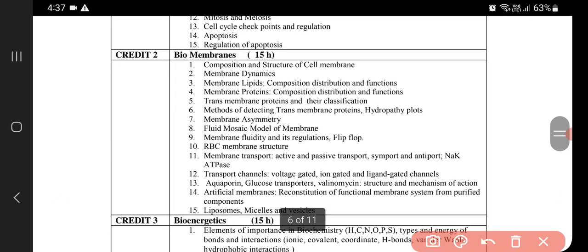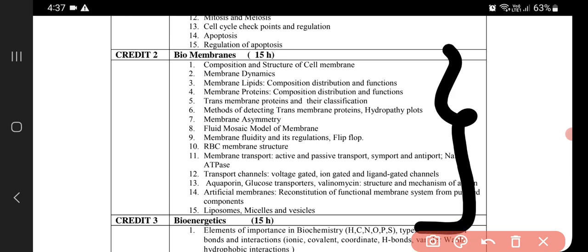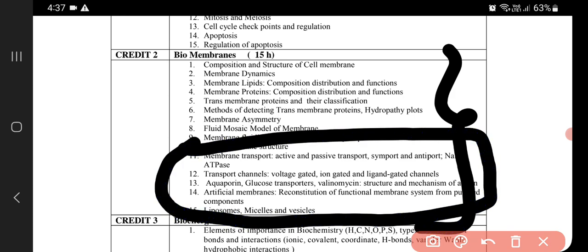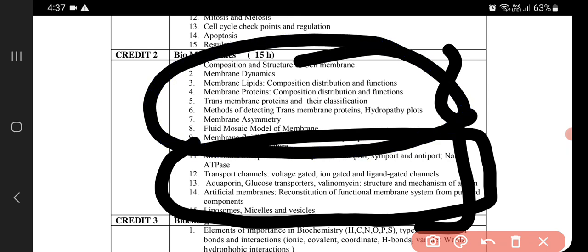And for the second credit, this credit is totally botany based. From here, membrane transport, liposomes, and micelles you can get from your previous book. By the way, some other chapters like hydropathy plot and transmembrane protein are actually the long answers you will get.